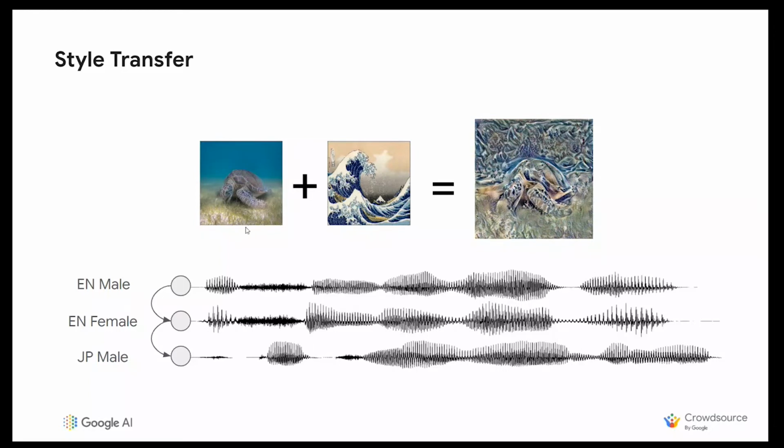So here we are discussing just images and audio files, but style transfer can be used for different things, like creating totally different people out of the given data. You can create not just a tortoise or waves, you can create different art based on these models.